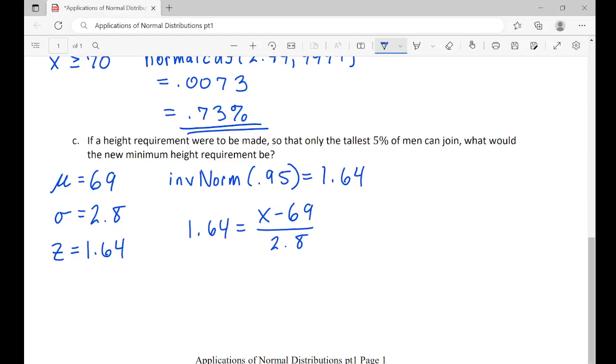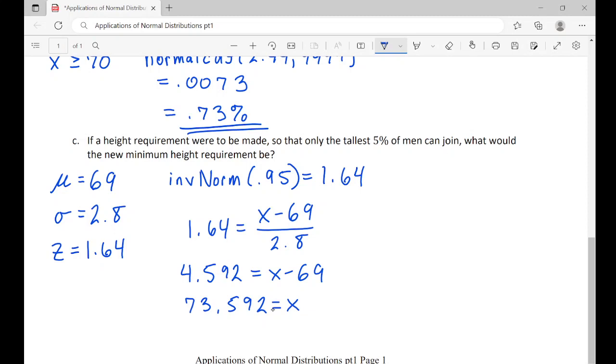So 1.64 times 2.8, and we're going to get 4.592 equals x minus 69. And then we're going to add the 69 over. So 4.592 plus 69 is going to give us 73.592. That'll be x.